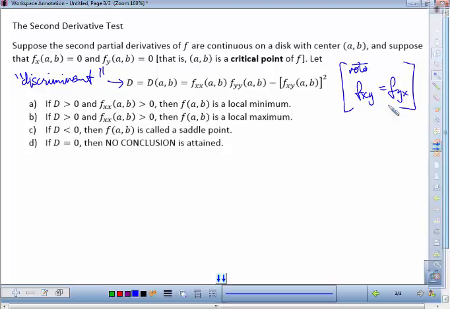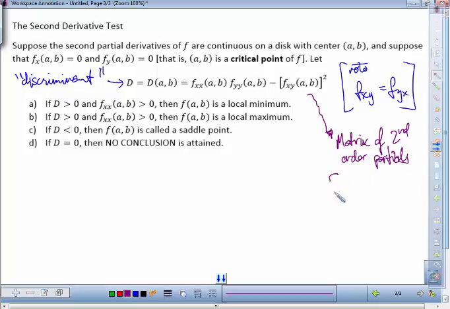In fact, we can actually write this compactly into a matrix of second order partials: fxx, fxy, fyx, and fyy.